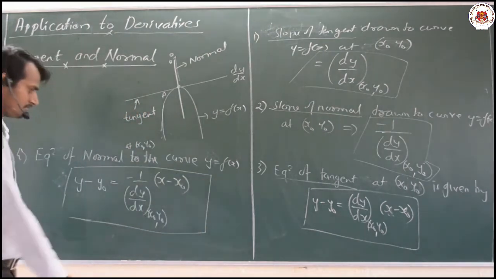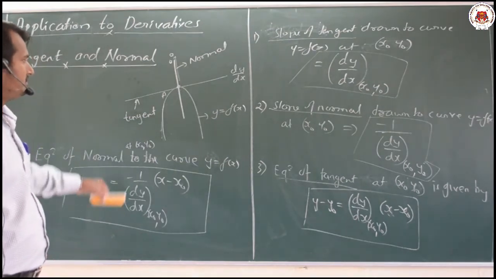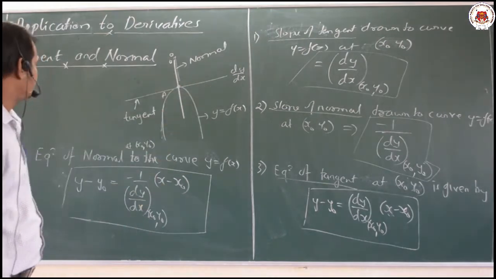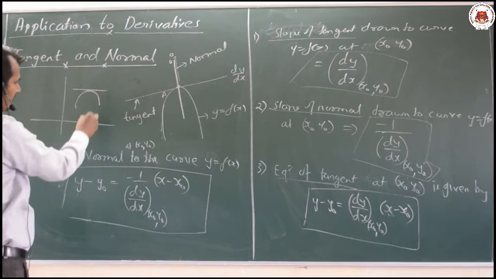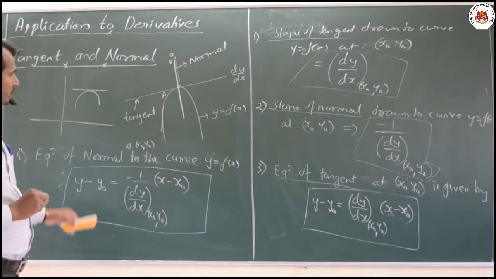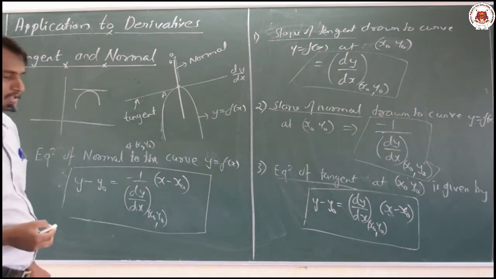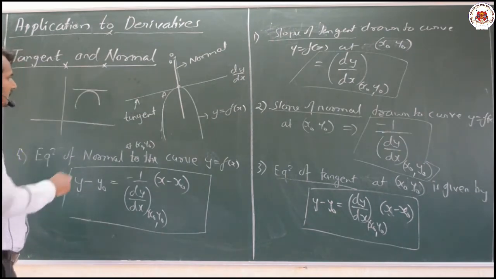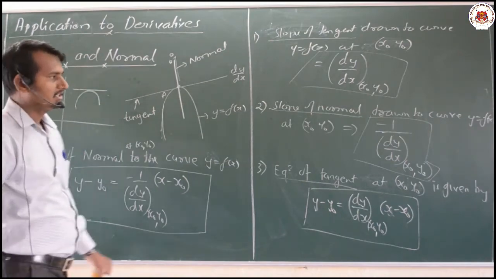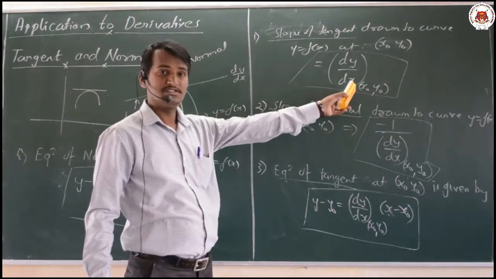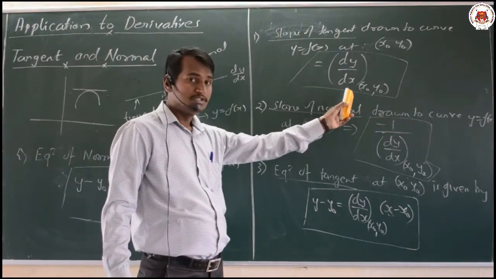Now you may ask a question: sir, what if the tangent drawn is parallel to the x-axis? What is the slope of the x-axis? It is 0. So if the tangent is parallel to the x-axis, then dy by dx equal to 0.